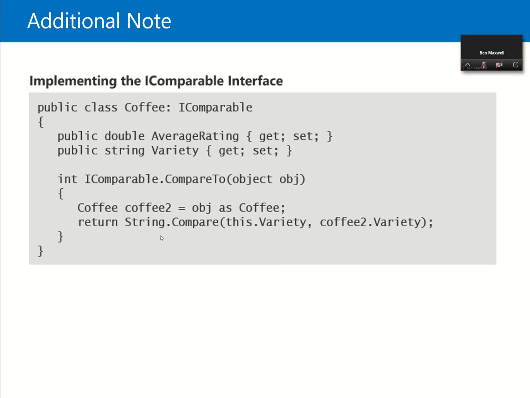So we return string.Compare of the current value in your coffee.Variety with the other object coffee2.Variety. It will just compare two values, and it will return like the one that I mentioned just now, whether it's -1, 0, or 1.